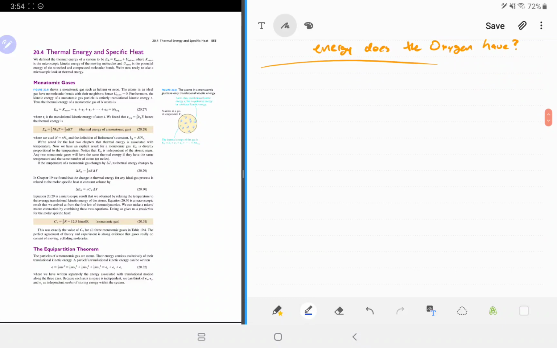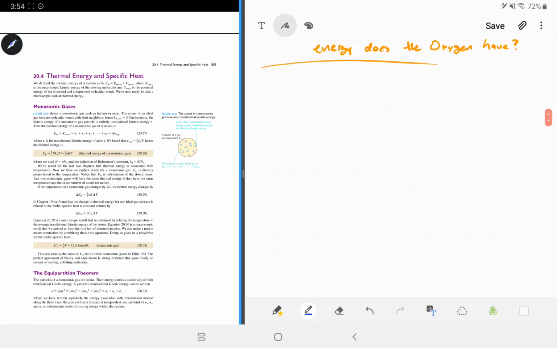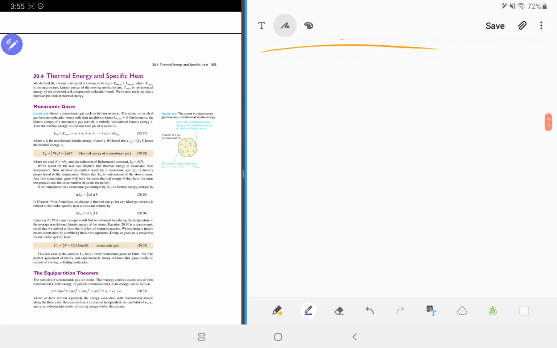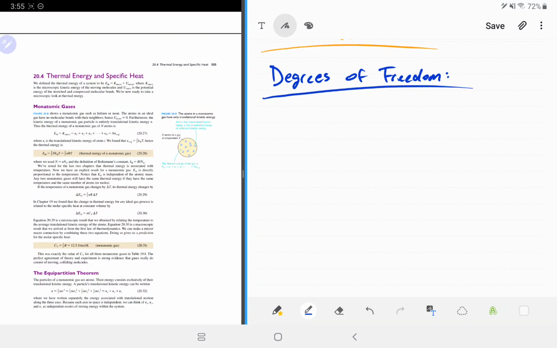Okay, so to understand this section, we need to first go over something that I'm going to reference a lot, and this is called degrees of freedom. A degree of freedom is an independent way of storing energy.